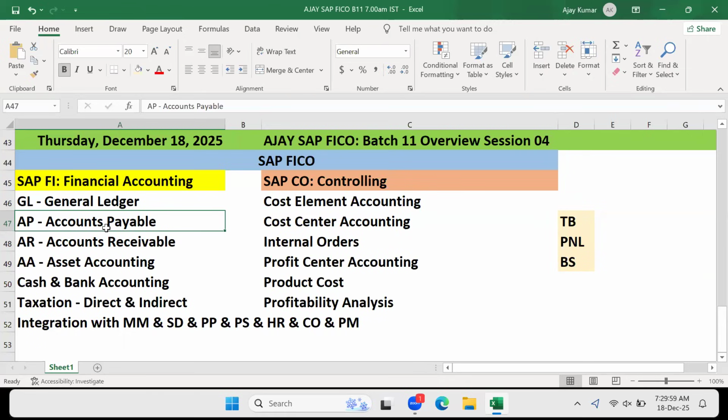Payable meaning something paid or something not yet paid? Not yet paid. We are referring to accounts payable, meaning the amount that is not yet paid to the vendor. That is why you call it accounts payable.